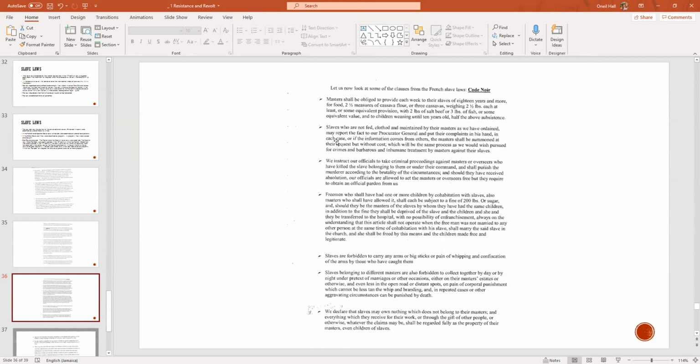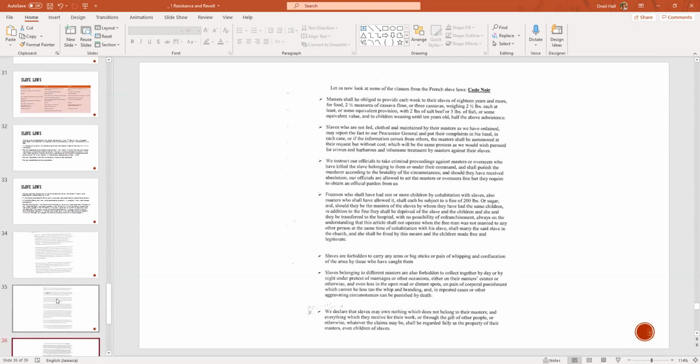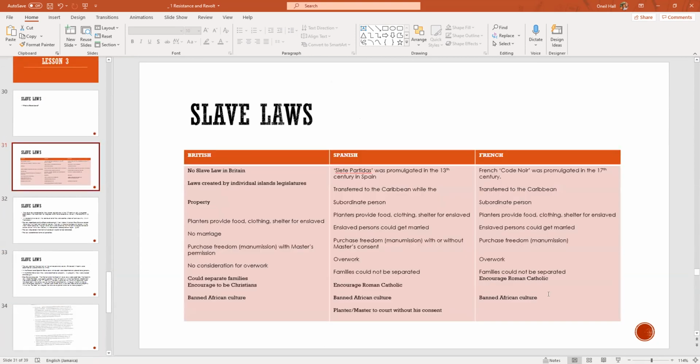In each case, or if the information comes from others, the masters shall be summoned at their request but without cause, which will be the same process as we would wish pursued for crimes barbarous by masters against their slaves.